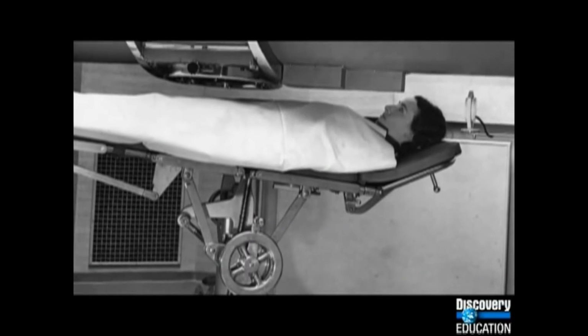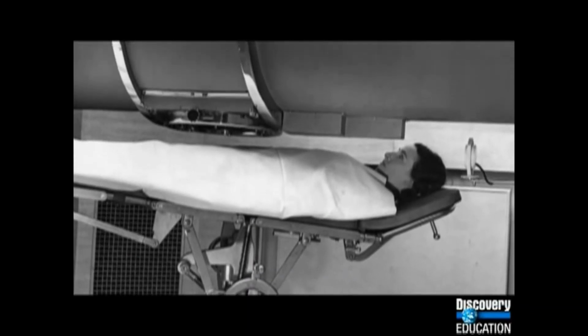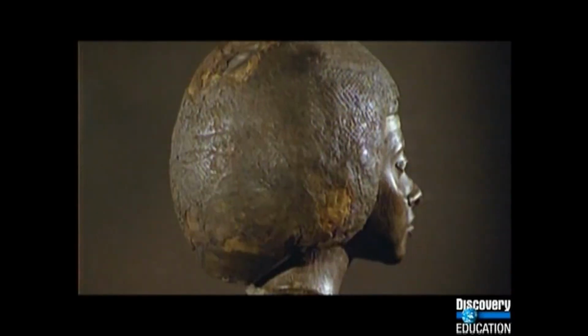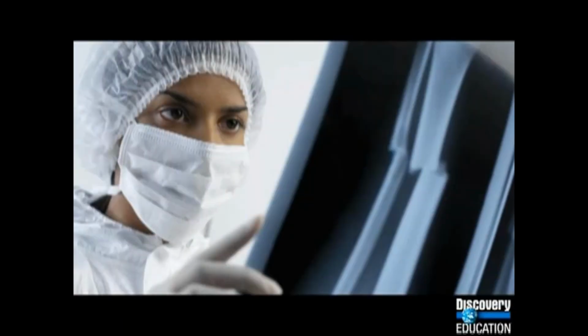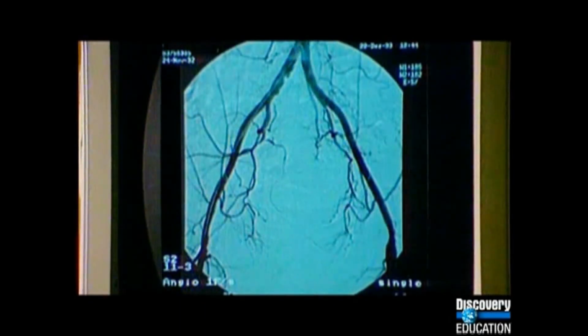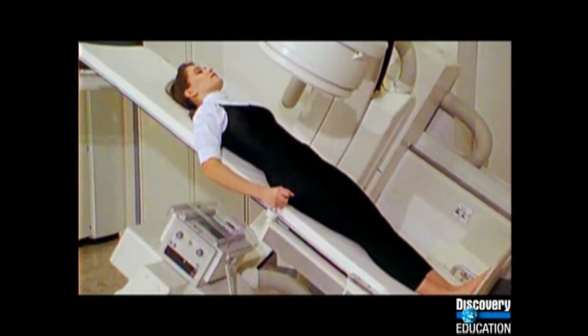For instance, the security industry uses X-ray screening to detect weapons hidden in luggage. Scientists use X-ray screening for a variety of purposes. Archaeologists rely on X-rays to determine the composition of ancient artifacts. Doctors examine X-rays to diagnose broken bones and illnesses.